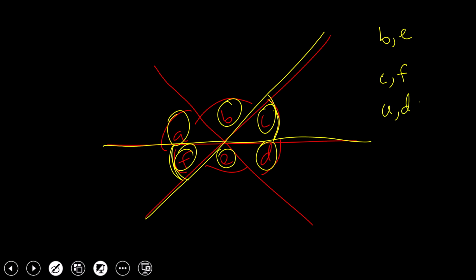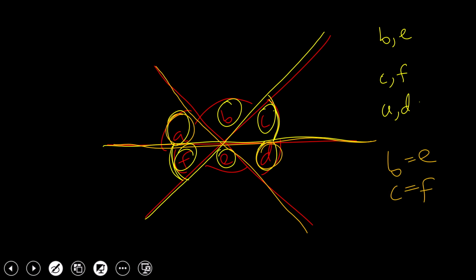If I take this line over here and this line, you can see that A is opposite to D. And take note, all vertically opposite angles are equal. Therefore, B is equal to E, C is equal to F, and A is equal to D.